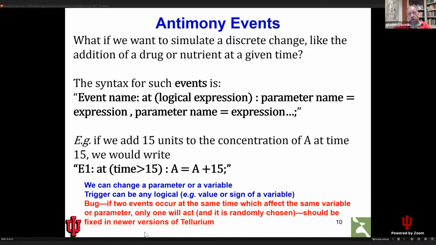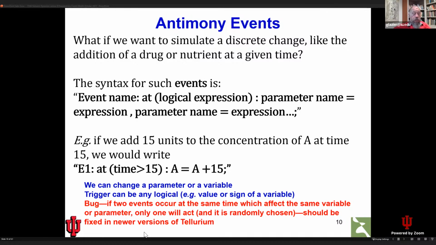So if I said E1 colon at time greater than 15, A equals A plus 15, and E1 colon at time greater than 15, A equals A minus 15, it would randomly add 15 or subtract 15 at time 15. If it worked properly, the change in A would be 0 because I'd add 15 and then subtract it.